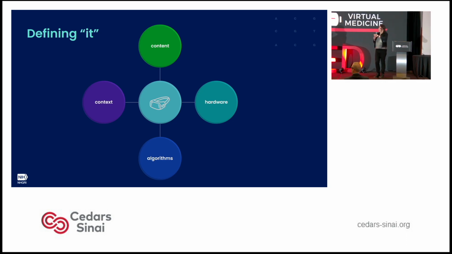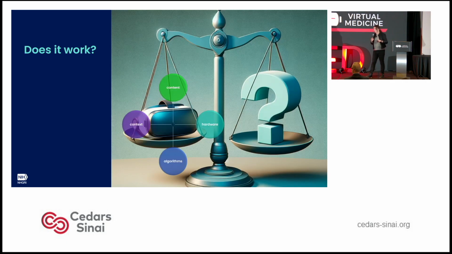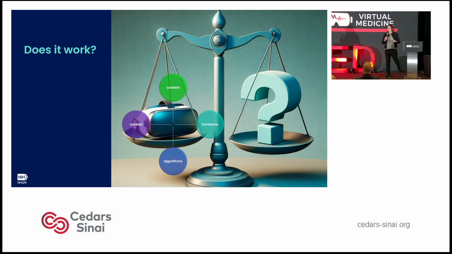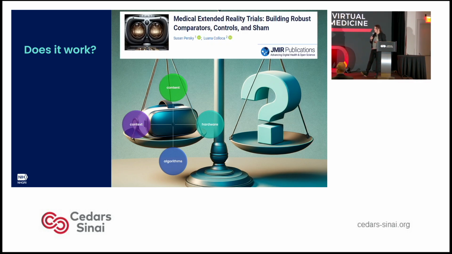So just to level set, this is what I'm talking about when I'm talking about testing for efficacy. So now we can take our it, right, and we need to compare it to something to determine whether it works. So I'm going to be drawing very heavily on a paper that I published with my collaborator, Luana Kaloka, last year. So if you want more information, there's a lot available there as well.